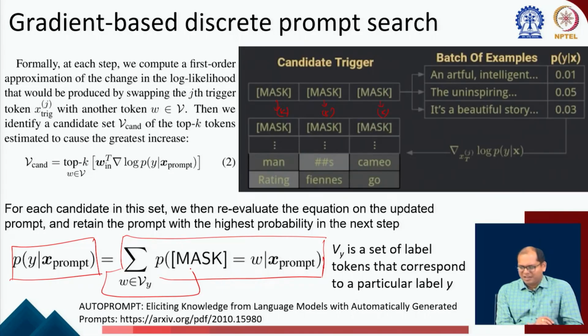In general, if there are t trigger tokens, I may have k to the power t possible prompt variations. For each prompt variation, I will take a sample of the validation set, put in the input with this one possible prompt, and compute the probability of the actual classes.